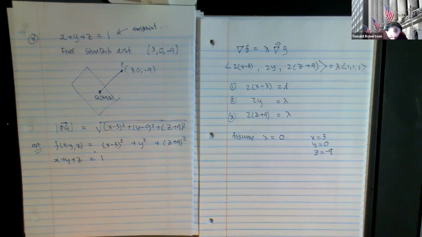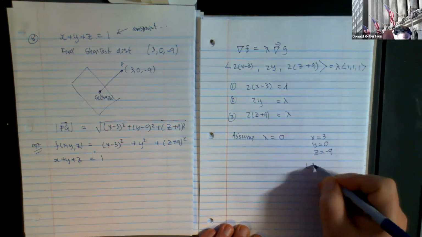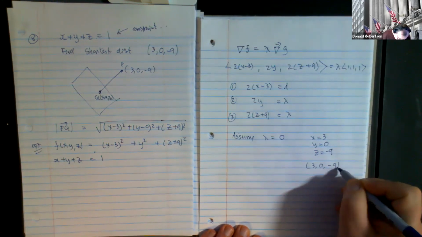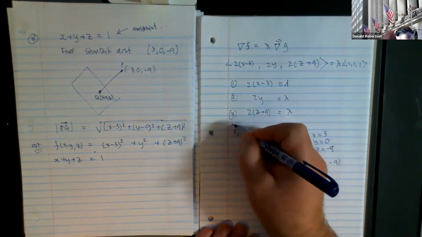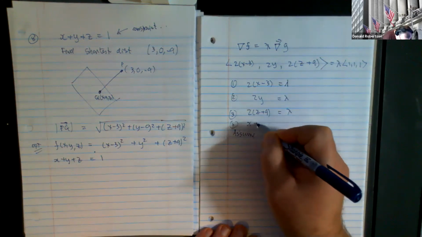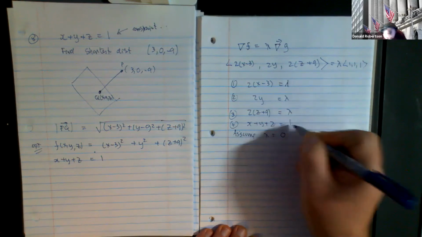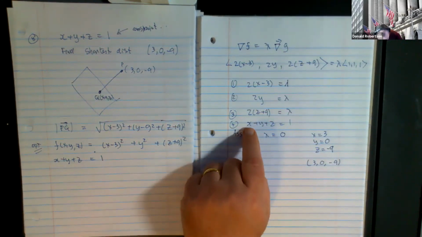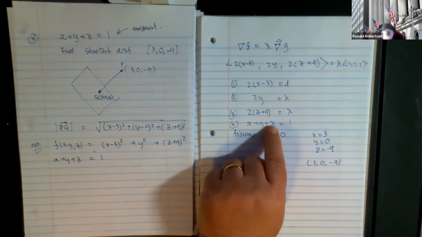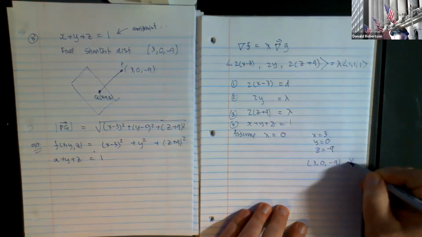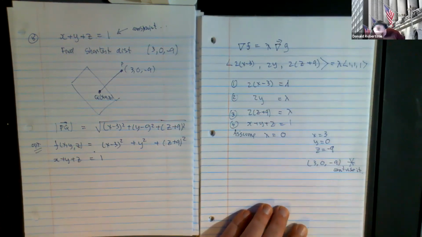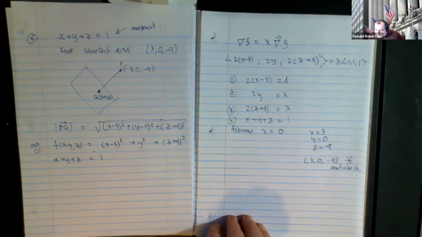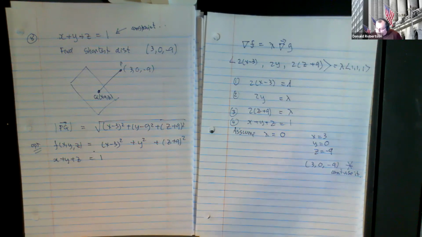Now, that means that we are going to test that point against the constraint function, which is that. Does 3 add 0 take away 9 equal 1? And the answer is no, so you can't use them. Remember, it's got to pass the constraint function, right? It's got to pass that.